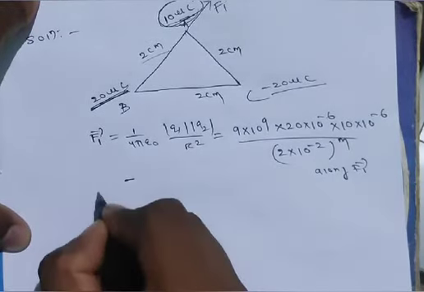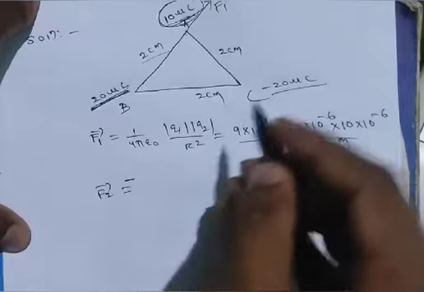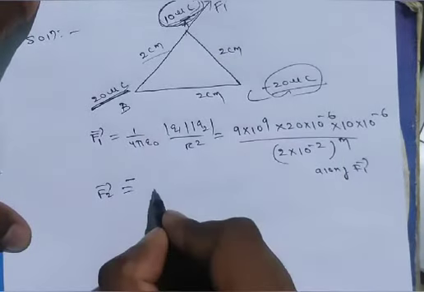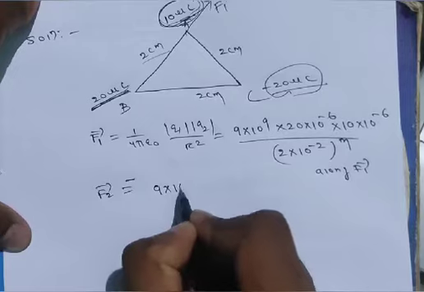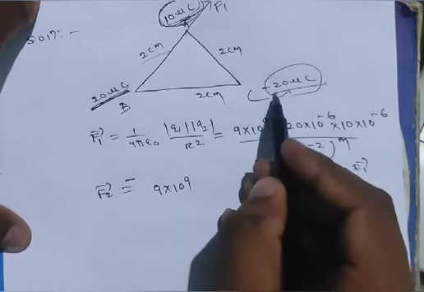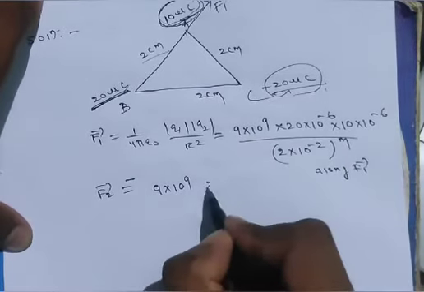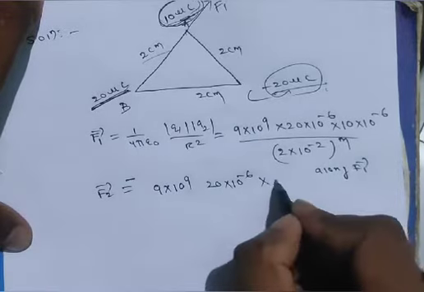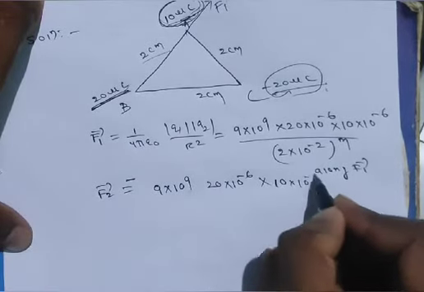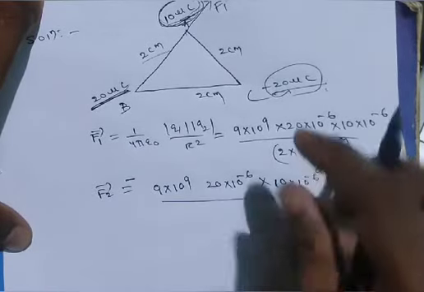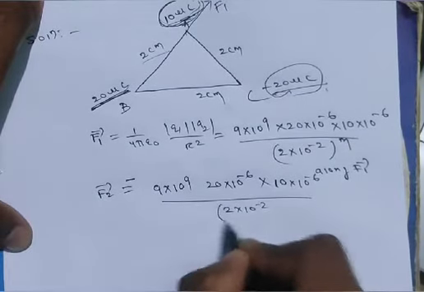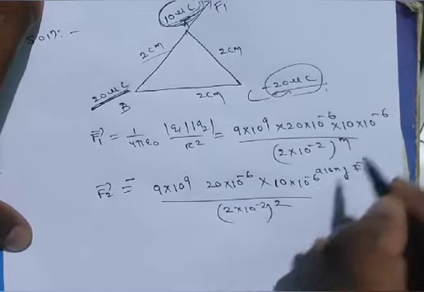Now I shall calculate F2, that is the force on 10 microcoulomb due to the minus 20 microcoulomb. That will be 9 into 10 to the power 9, Q1 is 20 into 10 to the power minus 6, Q2 is 10 into 10 to the power minus 6, and the distance is 2 cm, that is 2 into 10 to the power minus 2, whole square.